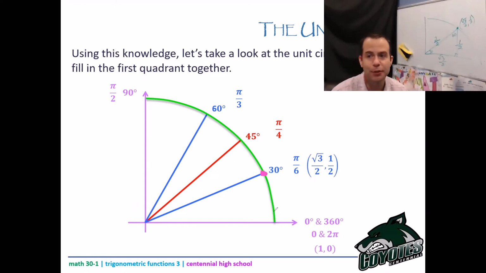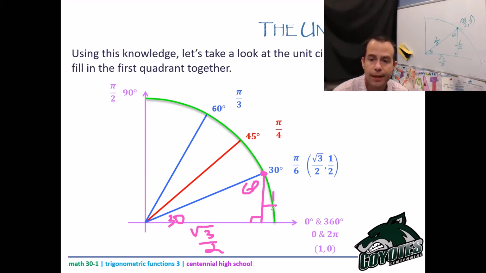But here's number 2. Think back to this triangle for a sec. If this was 30 and this was 60 and this was 90, and then this was root 3 over 2 and this was 1/2.